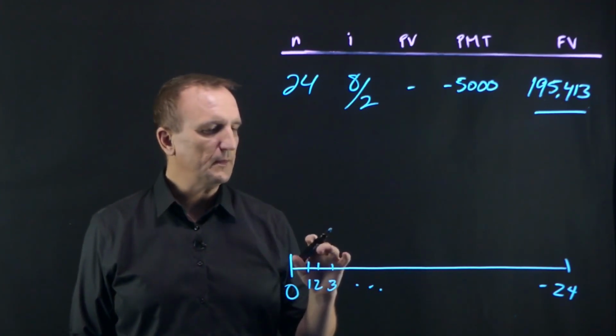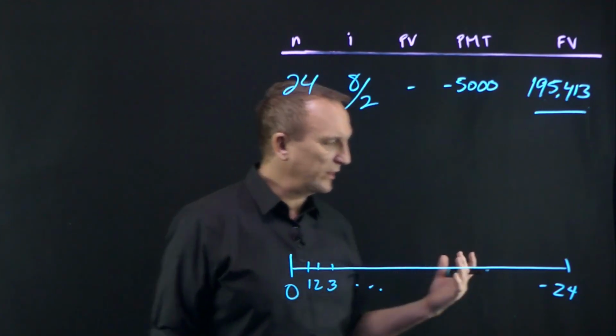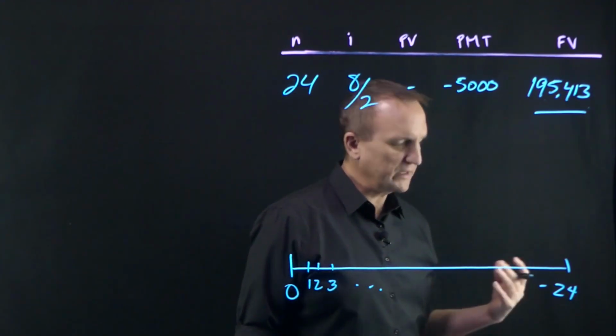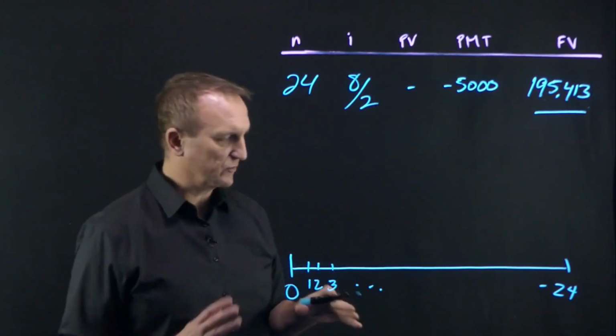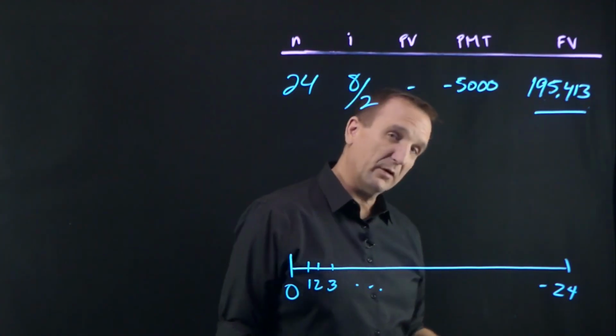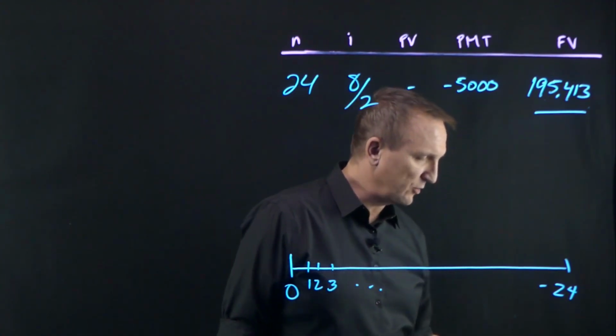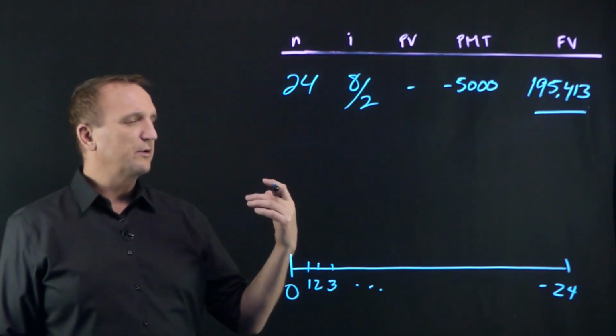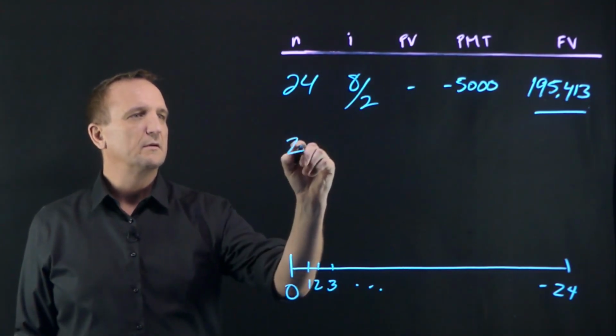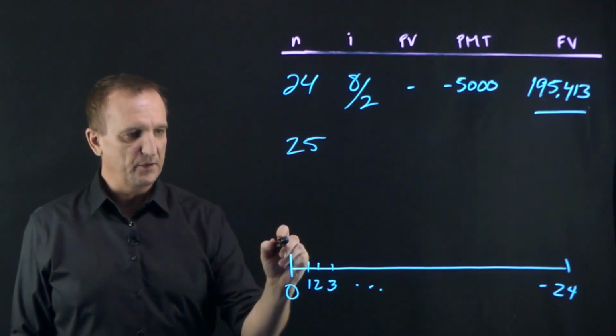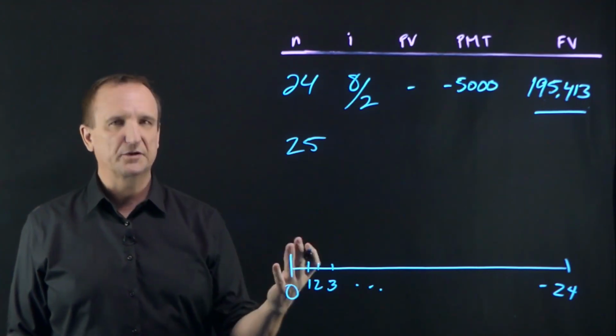So in this case, the way that they are asking you to solve it, and you're not going to really run into this in real life, but if it's part of your homework, you're going to want it. So what you're going to do is change your N to 25, because what they're saying is an extra deposit.